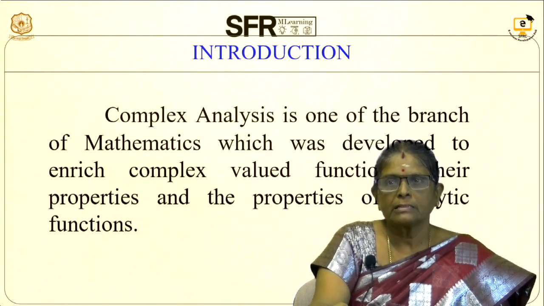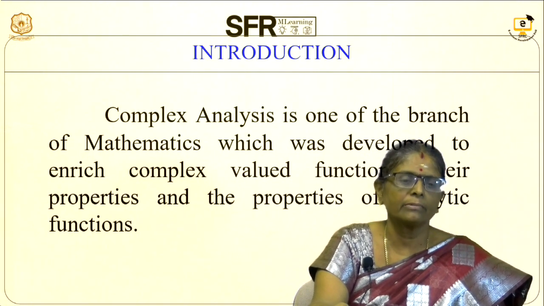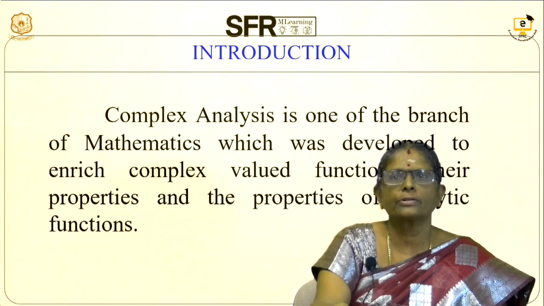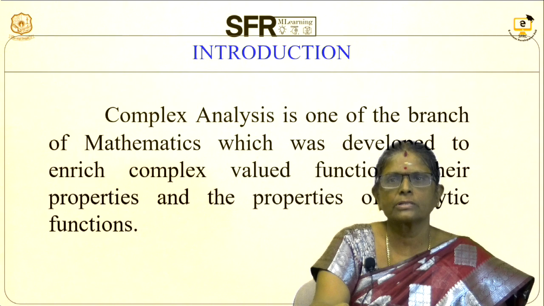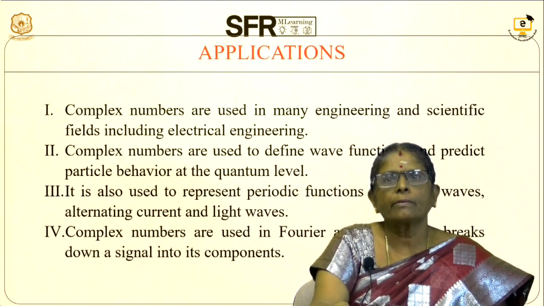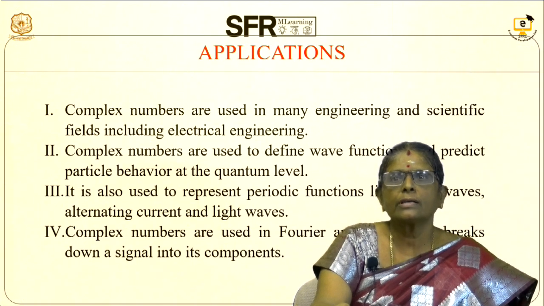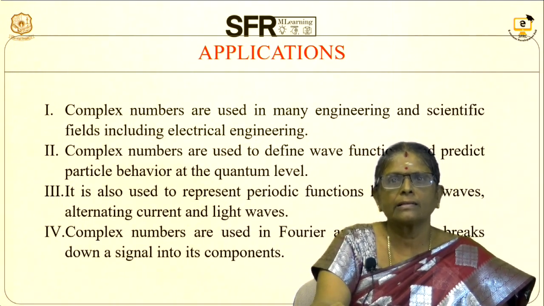Why are complex numbers necessary? Complex analysis is one branch of mathematics. It was developed to enrich complex valued functions, their properties and the properties of analytic functions. Where is it applied? Complex numbers are used in engineering and scientific fields, including electrical engineering.